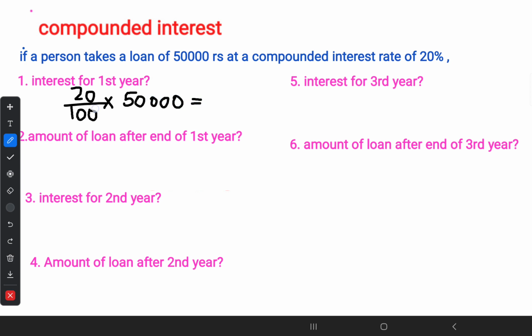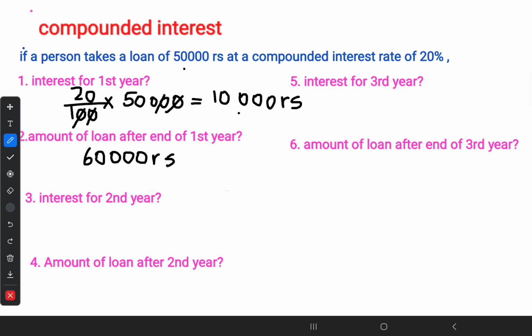It will become 10,000 rupees. That is the interest for the first year. So the amount of loan after the first year means the loan and interest both together. So 50,000 plus 10,000 together is 60,000 rupees. This is the amount of loan after the end of the first year.